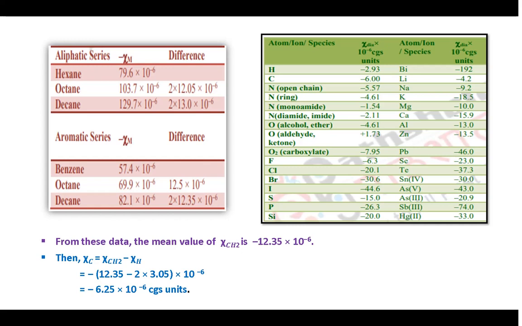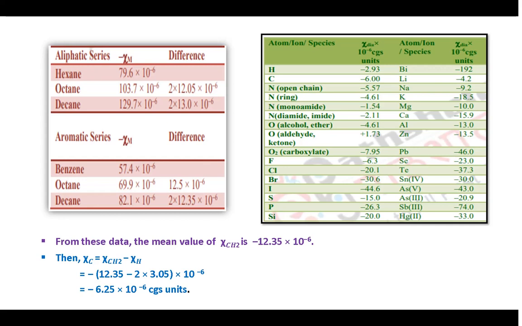For decane, the chi_m value is 129.7 into 10 raised to power minus 6. And the difference between octane and decane is 2 into 13.0 into 10 raised to power minus 6. From these data, the mean value of chi_CH2 is minus 12.35 into 10 raised to power minus 6.